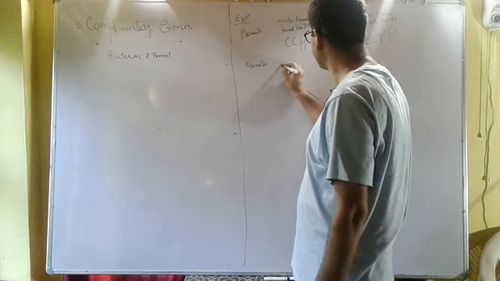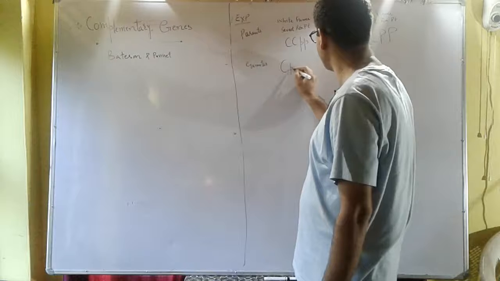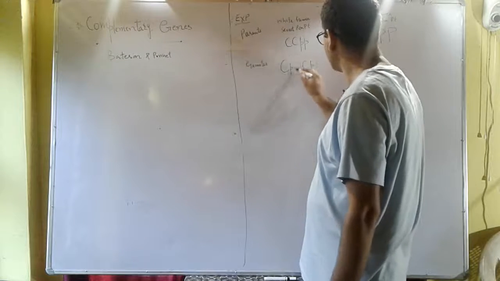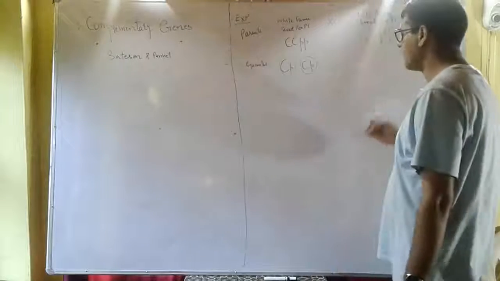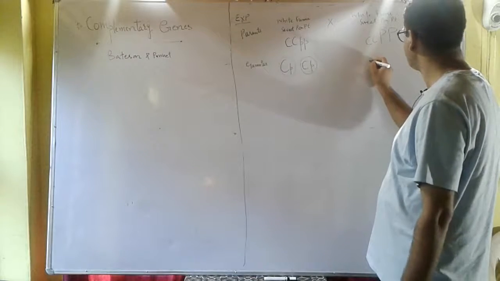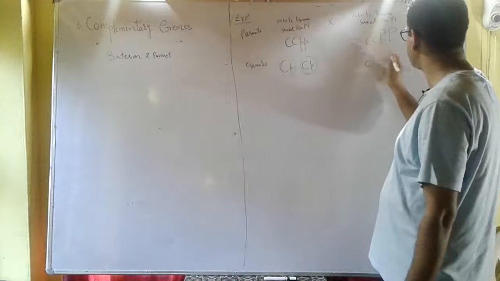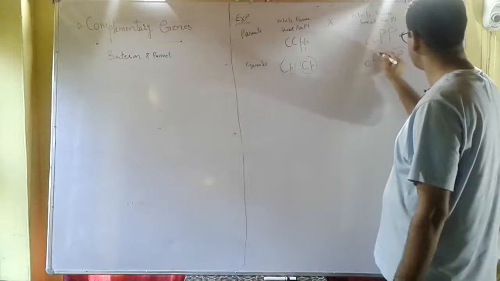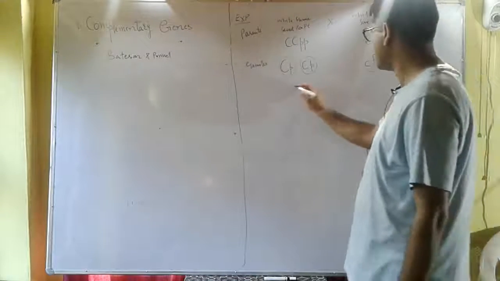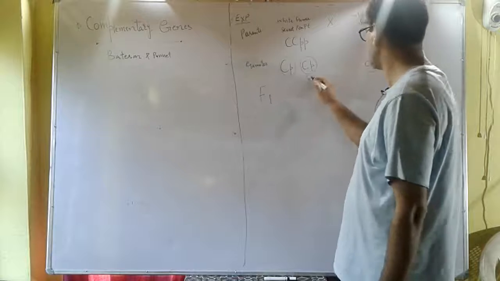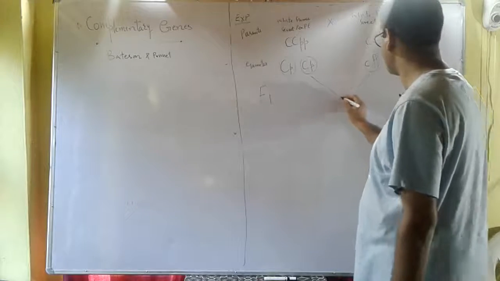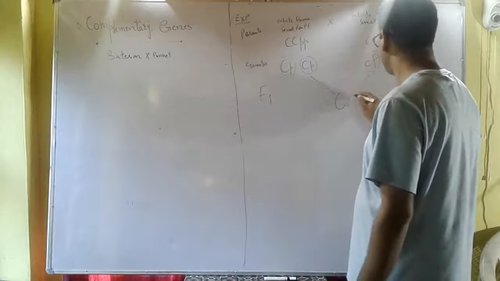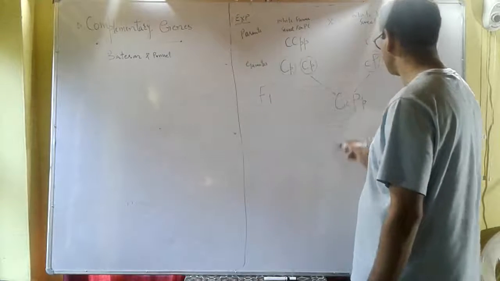Gametes will be capital C and small p, capital C and small p. Here the gametes would be small c and capital P, small c and capital P. Two types of gametes. Then we have the F1 generation. We have capital C and small c, capital P and small p.